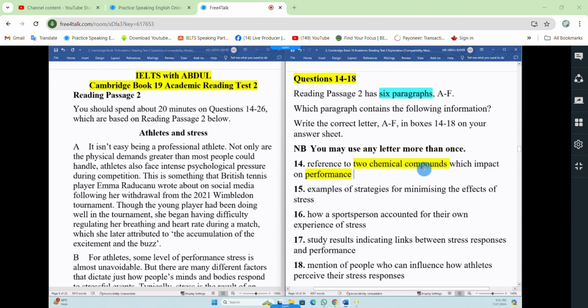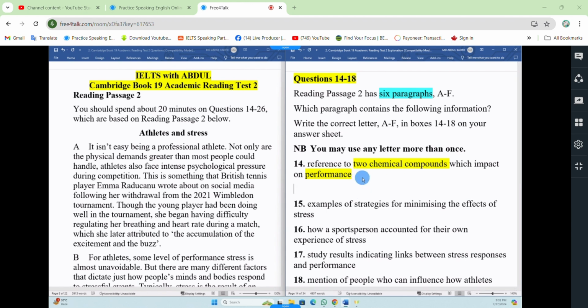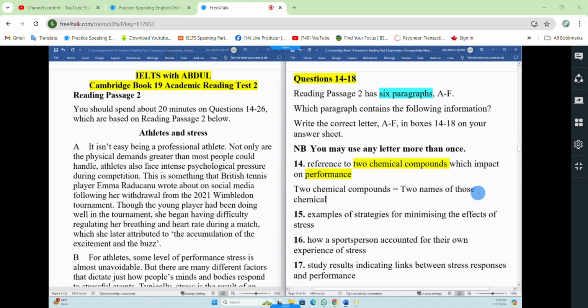So just imagine that if you get these words, two chemical compounds, definitely in the paragraph there are two specific names. Two chemical compounds means two names of those chemicals. Definitely you will find two names of those chemicals in the paragraph, right?